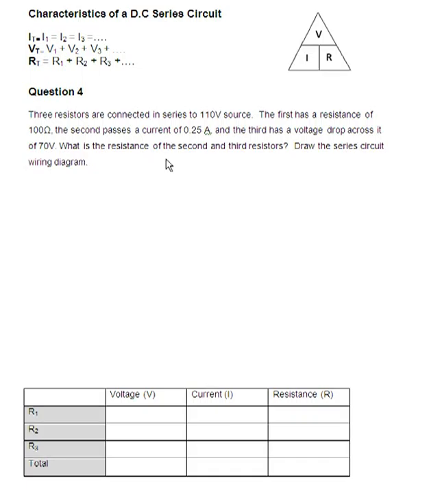Draw the series circuit wiring diagram, which is always a good idea if we're given a word problem. So to start off, we have three resistors. So we draw it in. Here's our voltage source.